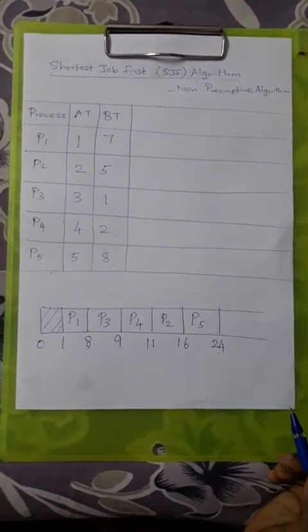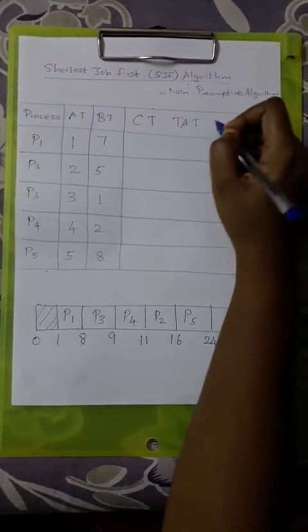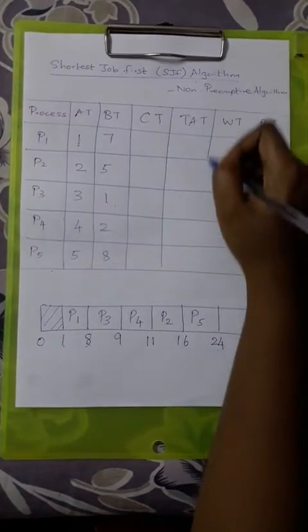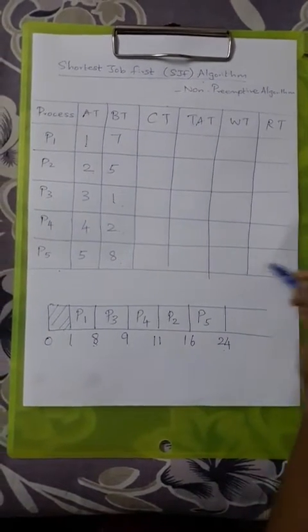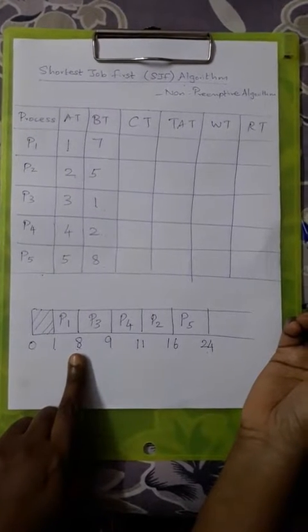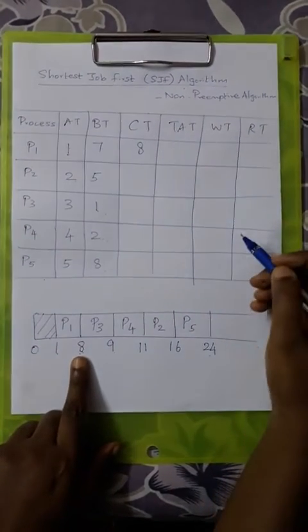Now we can calculate the completion time, turnaround time, waiting time and response time for each process. From the Gantt chart we can calculate the completion time. Process P1 completes at the 8th millisecond, so its completion time is 8.